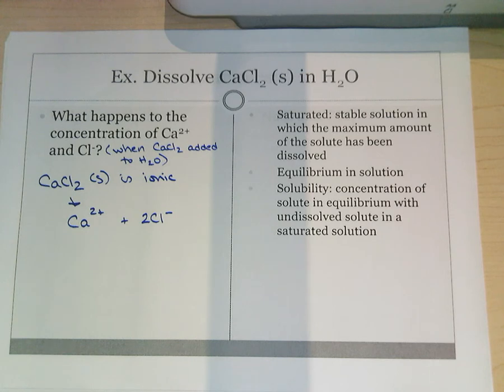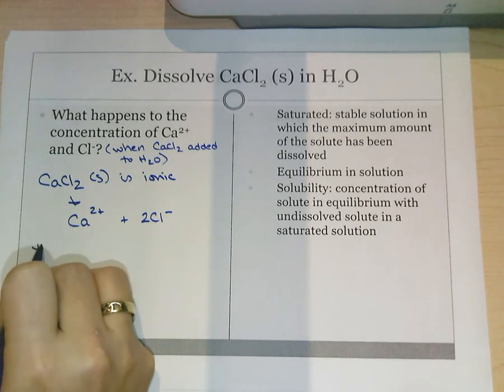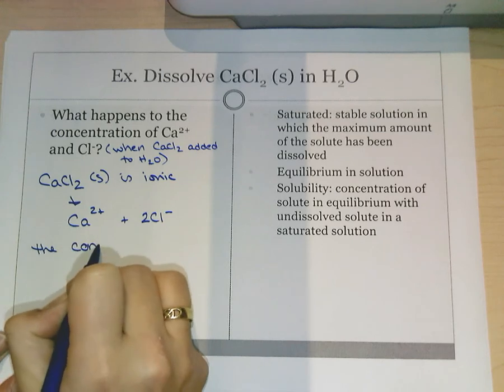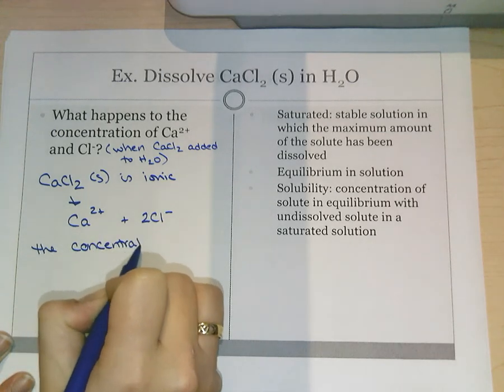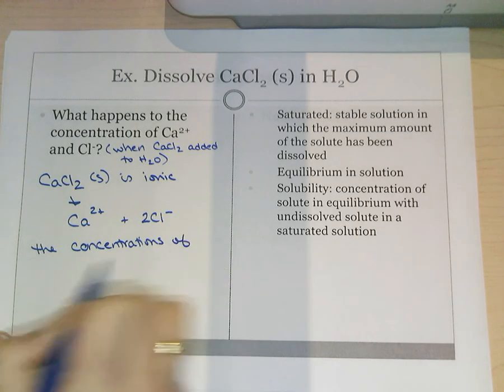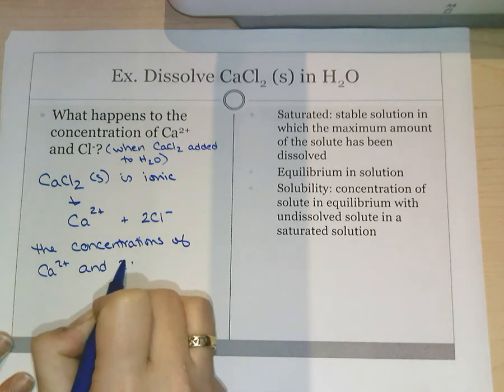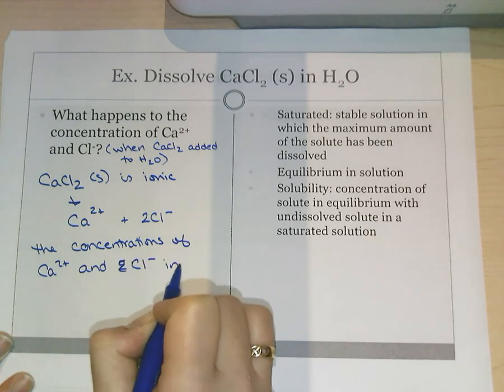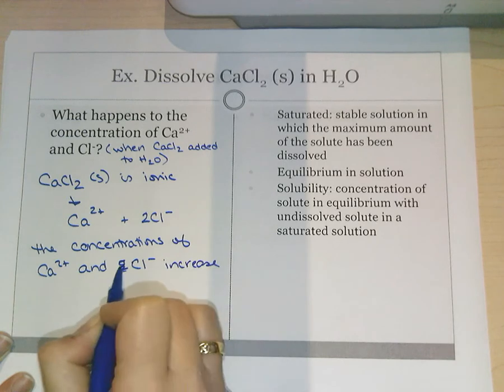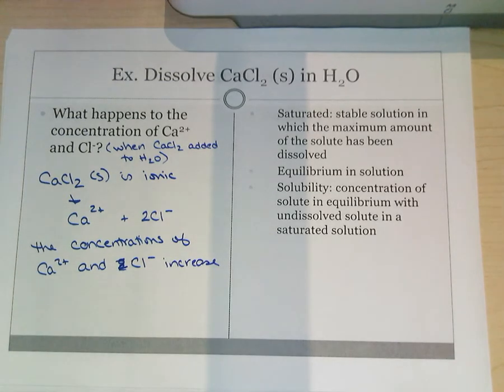It should only increase, right? There's no way to make it less than 0. True, that's a true fact of science. There is no molarities or concentrations less than 0. Right, we would see those increase, those concentrations have to increase.